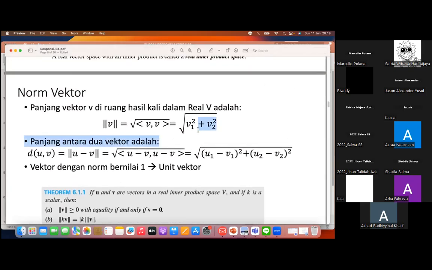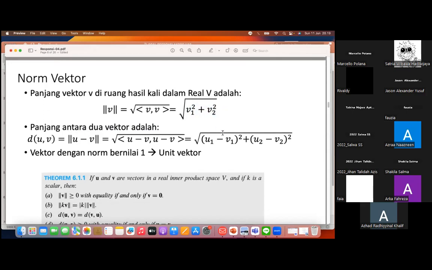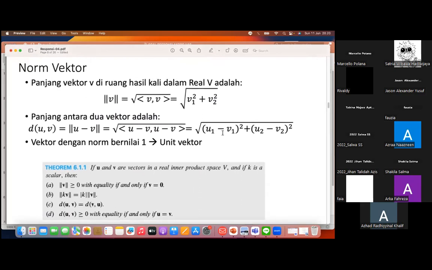In the previous version I gave you, there was something wrong with the equation. I already fixed it, so this is the solution. This is the norm of a vector v. This is the difference between the two vectors, which is this. And I recommend using this and this for all cases because this is a very powerful formula.